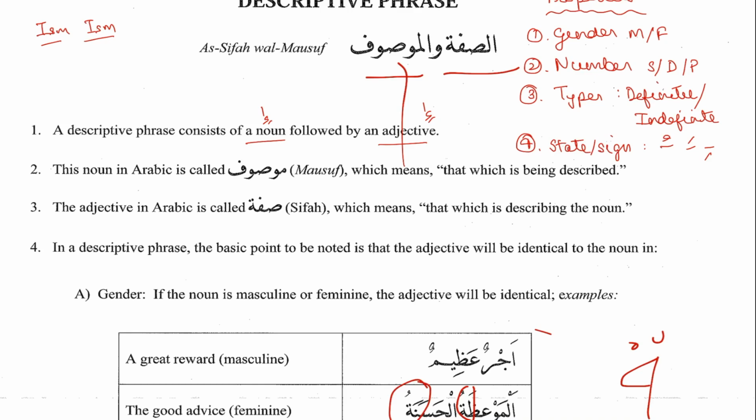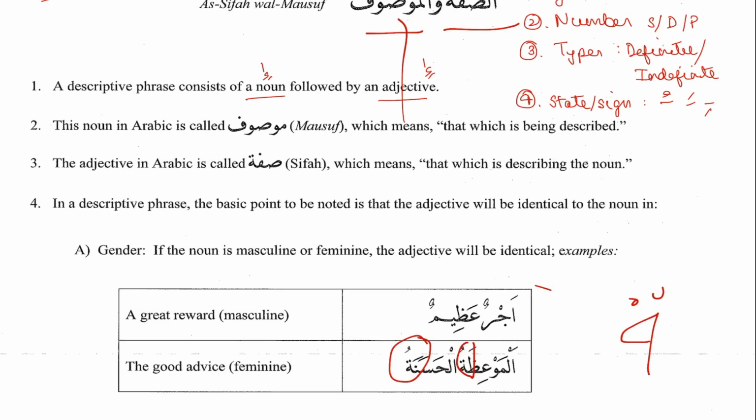It will be only one of these two cases. To identify whether it's a sifat wal mausuf combination, you have to see whether both isms have the same gender, the same number, the same type, and the same sign. If so, then for certain this is a sifat wal mausuf combination. So let's check each of these one by one.